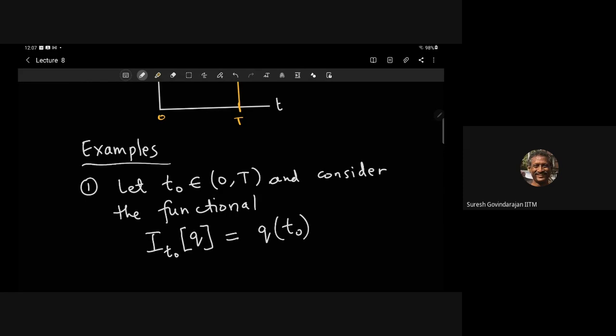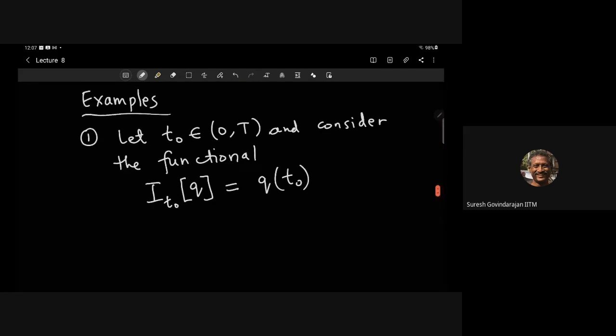Let us see what this functional does. You give it a curve q, any function q, and it gives you the value of q at that time t naught.